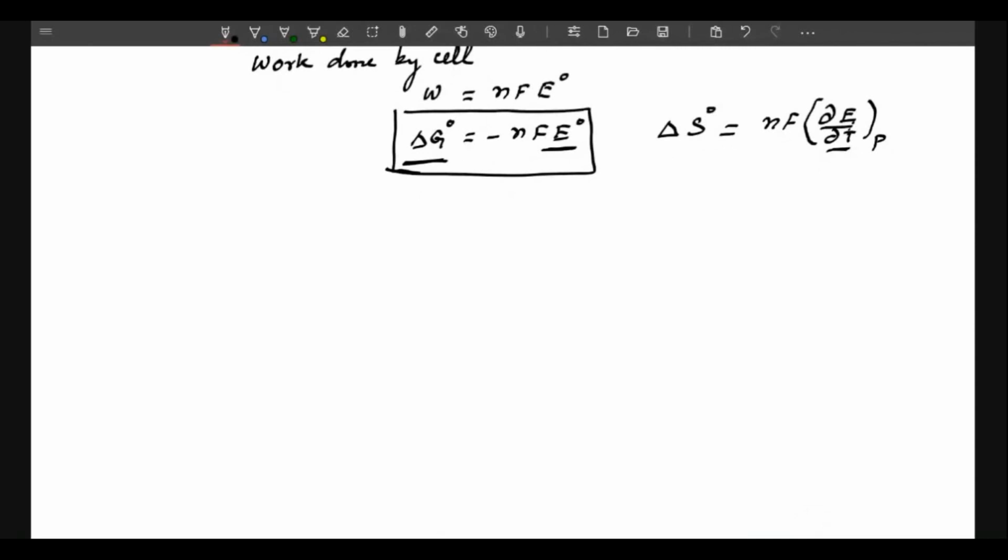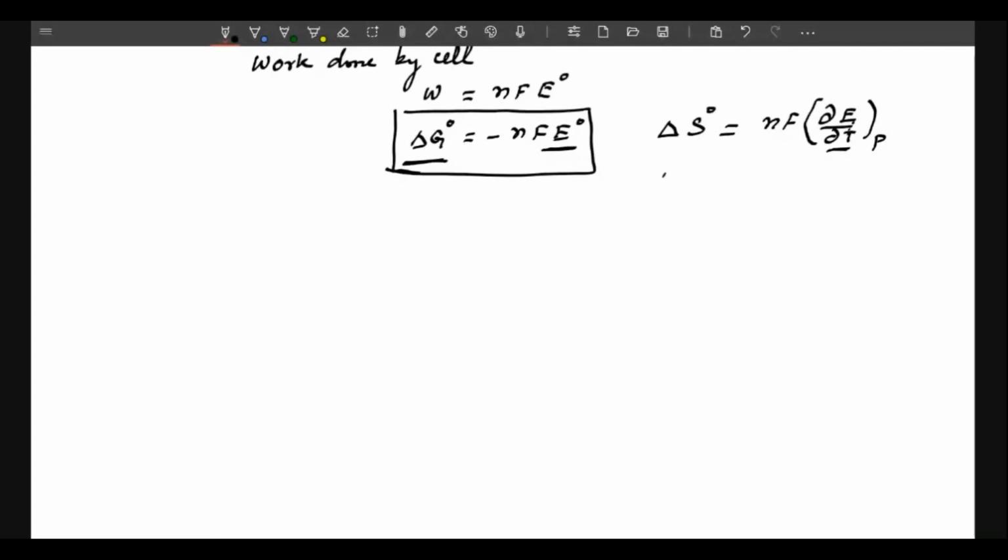What do you mean by temperature coefficient of cell EMF? That is the change in the EMF value per one degree change in the temperature. That we call the temperature coefficient.